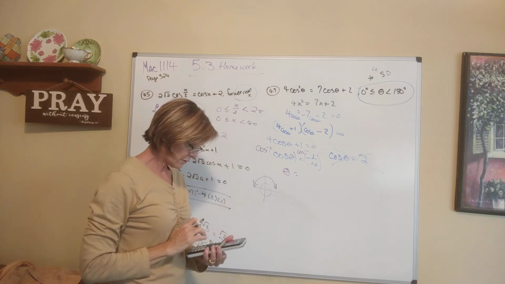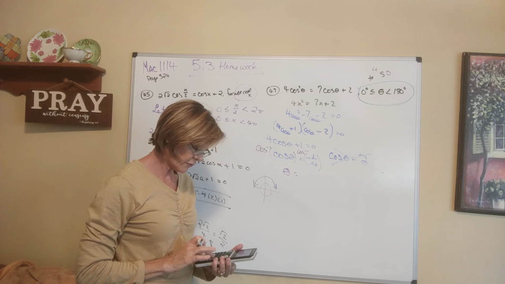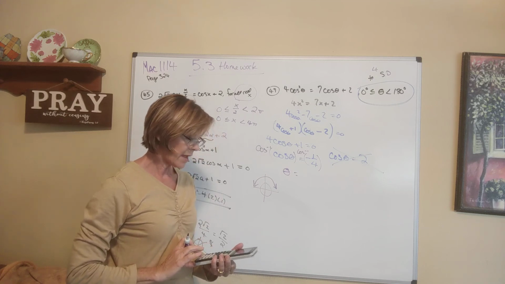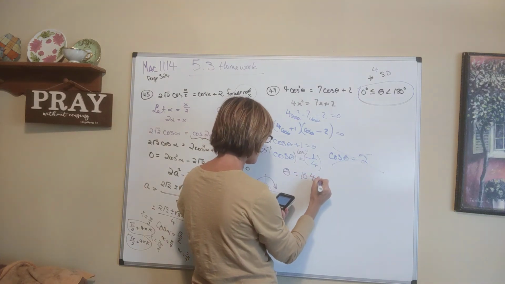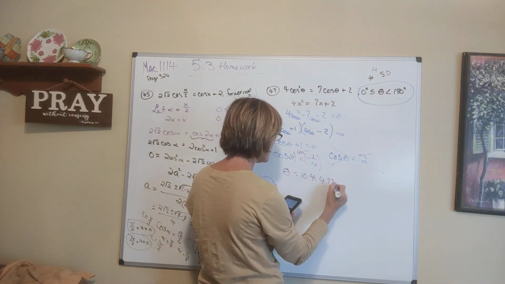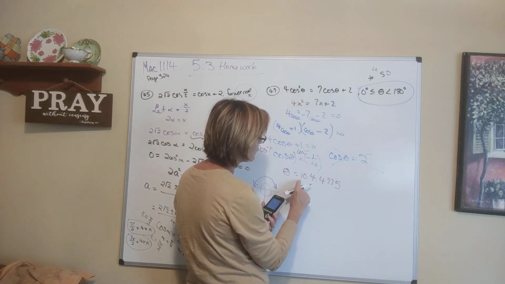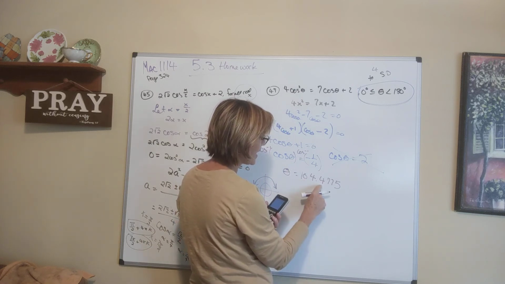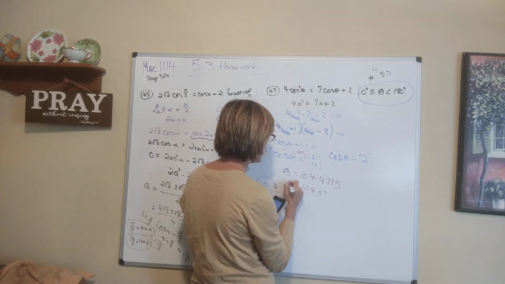I'm going to use inverse cosine of negative 1 divided by 4, and that gives me 104.4775, and so 4 significant digits would be 104.5 degrees. This is what I'm going to say.